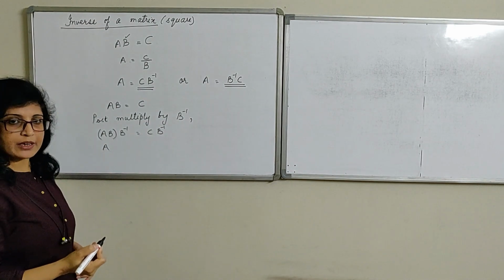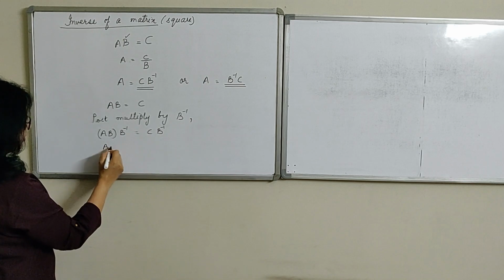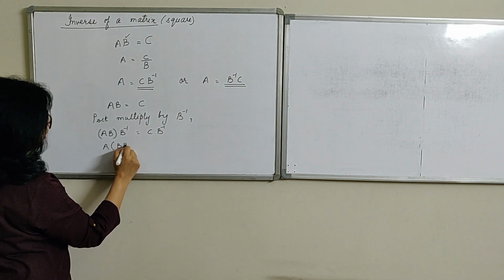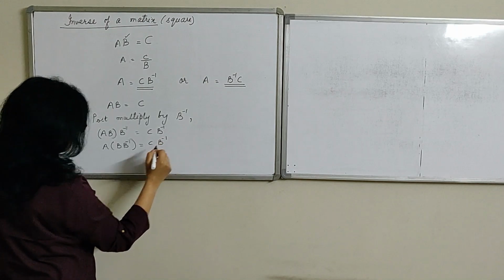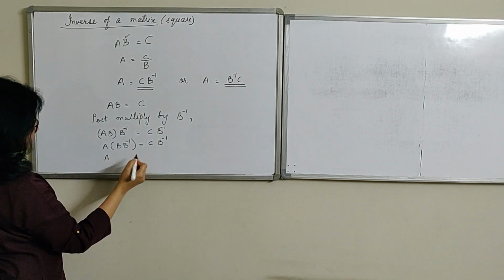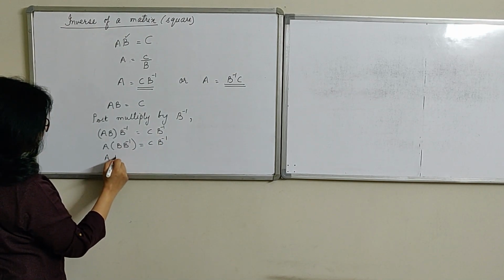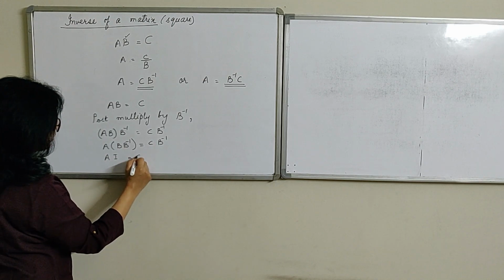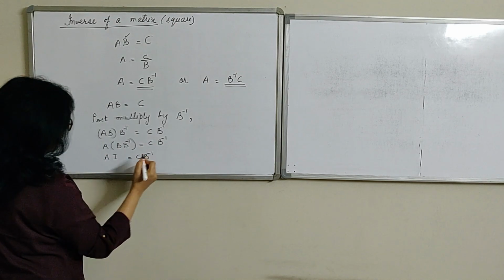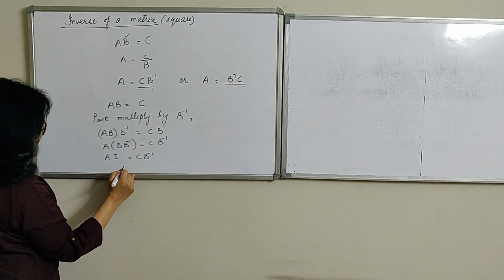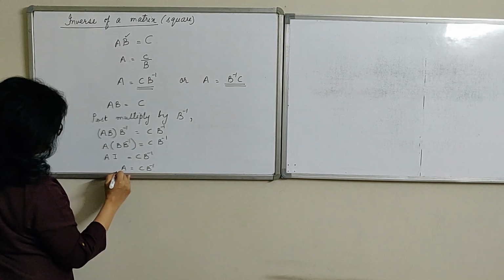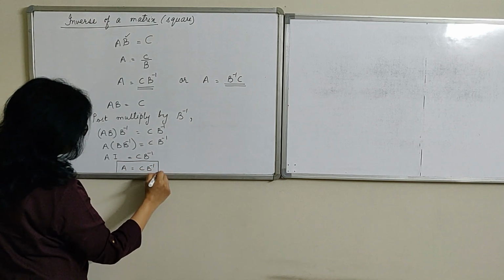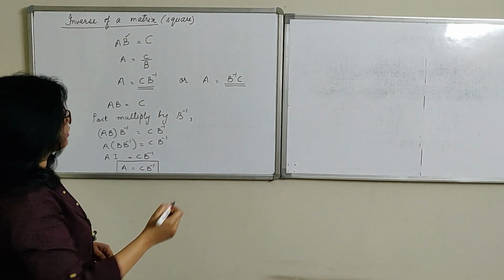Because we know matrix multiplication is associative, A into B B inverse is C B inverse. We have just now seen that a matrix multiplied by its inverse is the identity matrix, and the identity matrix multiplied by any matrix is the matrix itself. So finally we discover that matrix A is C into B inverse.